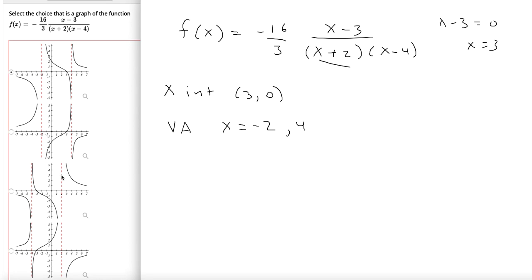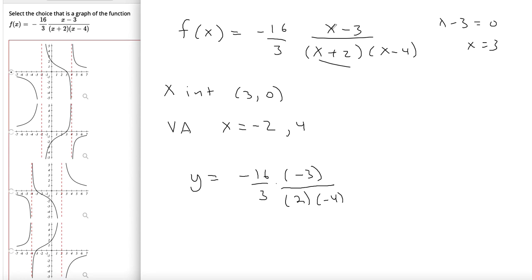And then it looks like the y-intercepts are visible, so let's go ahead and find the y-intercept and see what that is. Instead of f of x, let me write that as y for a second: negative 16 thirds times, all of these x's are going to be zeros, so up top that's going to make a minus 3, and down below that's going to make a 2 times a negative 4.